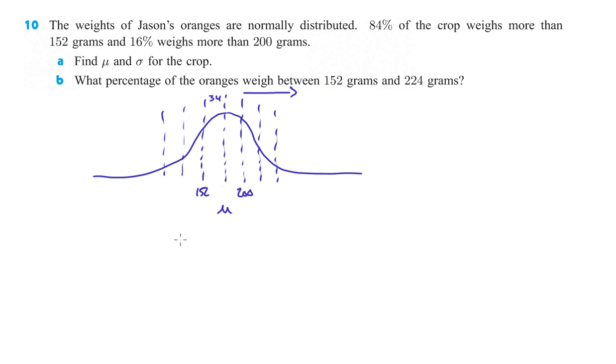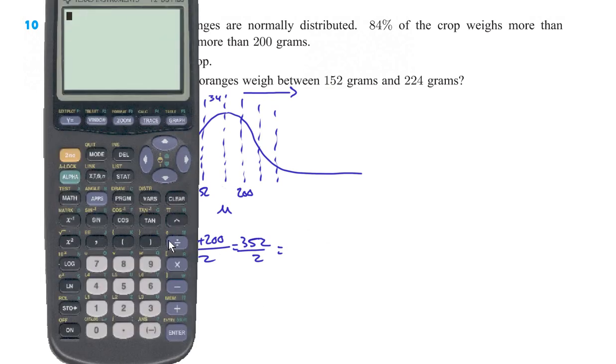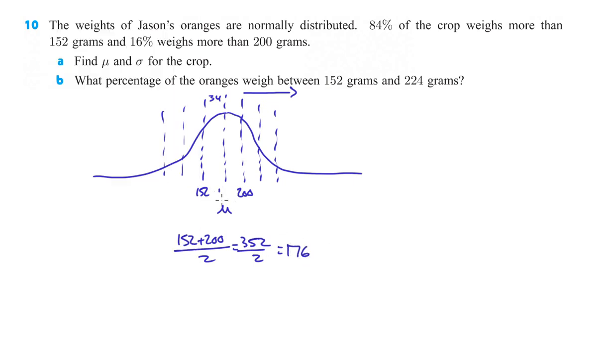Okay. So the mean is obviously going to be halfway between those two. So to find halfway between those two, we basically just want to find the average. 152 plus 200 divided by 2, right? 352 divided by 2 is going to give us 176. So our mean is going to be 176.